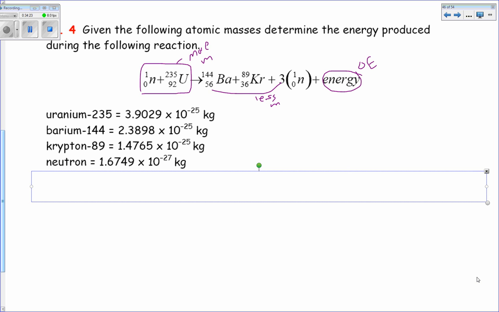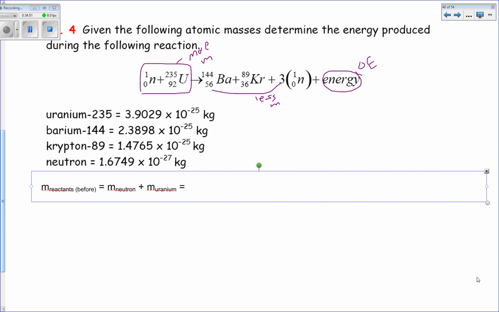Okay, so what we want to find is the mass of the reactants, which is the mass before. So the mass of the reactants is going to be the mass of a neutron plus the mass of uranium.